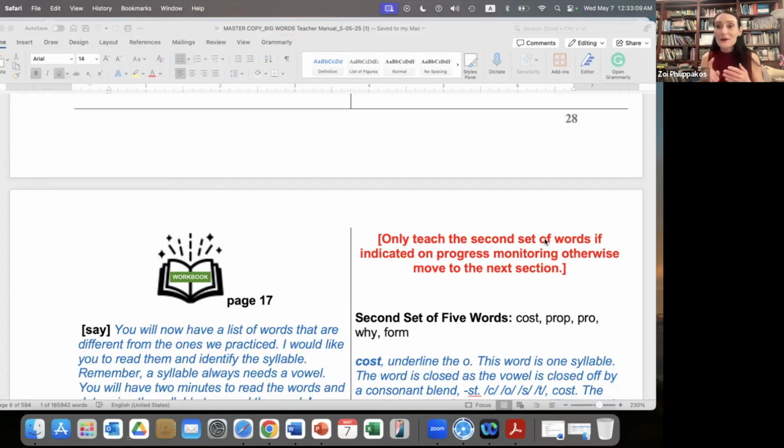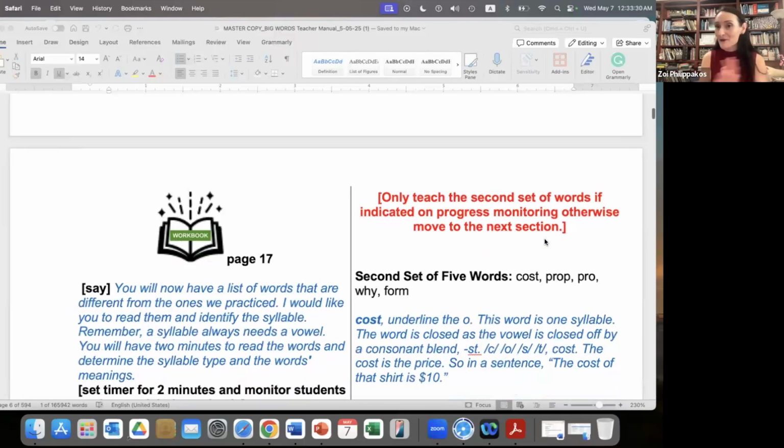And that is when you will teach the second set of 5. Otherwise, you continue from one week to the next week to the following week by only teaching the first set of words, not teaching the second set of words. I want to make that very clear to avoid you teaching both the first and the second. They are not meant to be taught together.